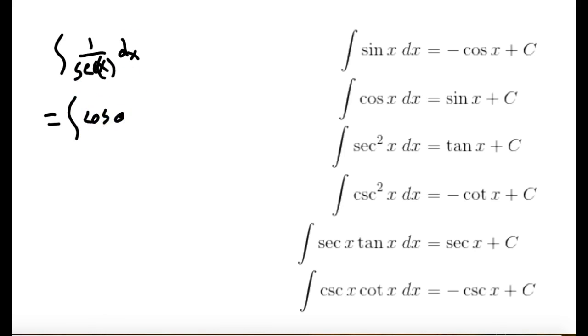So this would become the antiderivative of cosine of x dx. And the antiderivative of cosine is just sine of x plus c. Make sure you understand this step, we didn't do any integration. All I did was use my reciprocal identity to rewrite 1 over secant as cosine, and then I took its antiderivative. So we'll do a little bit more practice with this in class tomorrow. Just one other short idea then.